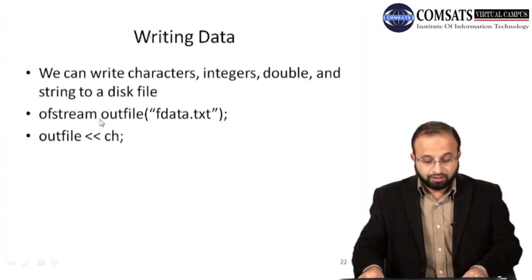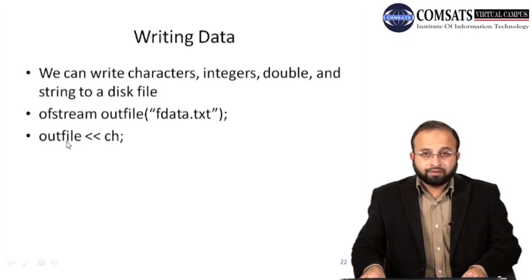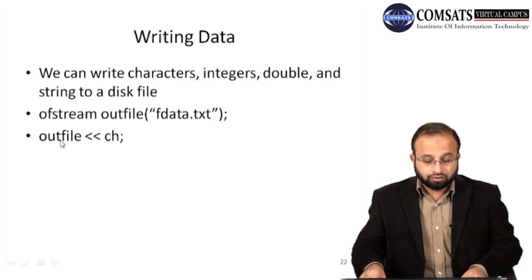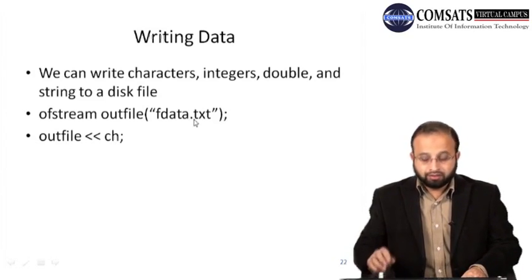If we want to write something in the file, we just insert that thing in the output file. For example, हमने ch एक character है, उसकी value write करवानी है, so we use the insertion operator and insert the value of ch in the outfile stream. So what it does, it will write that value in the fdata.txt file.